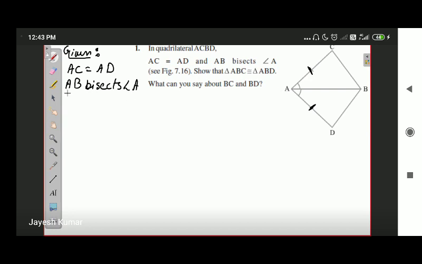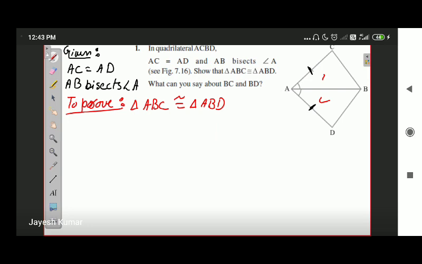To prove, what do we need to prove? We need to prove that triangle ABC is congruent to triangle ABD. Both of these triangles, this lower triangle and this upper triangle, are congruent to each other.